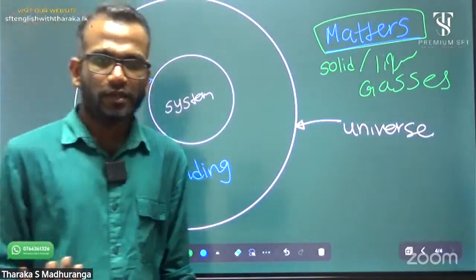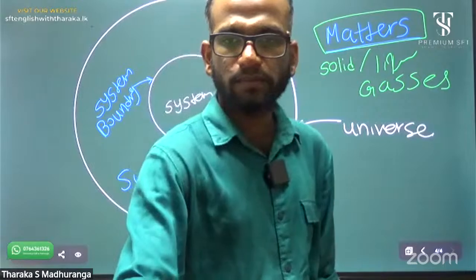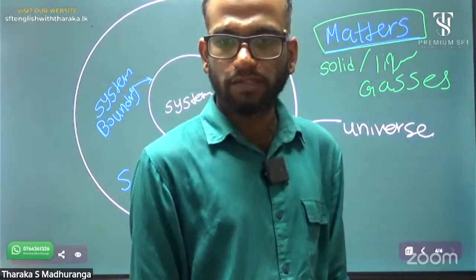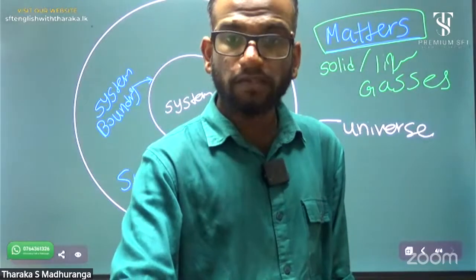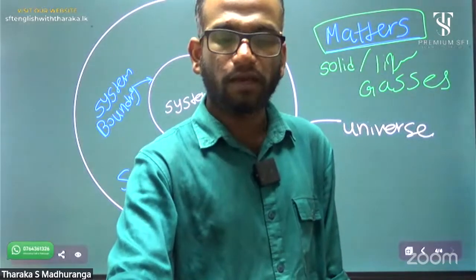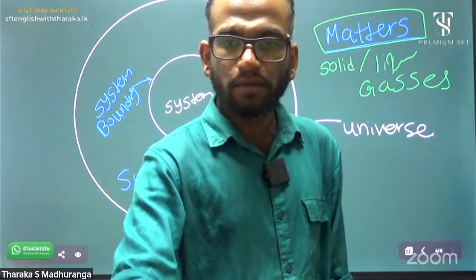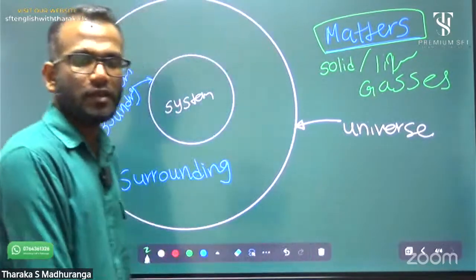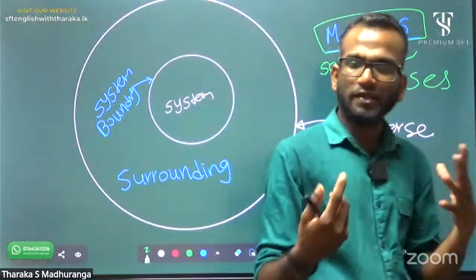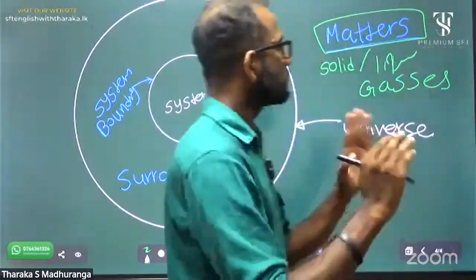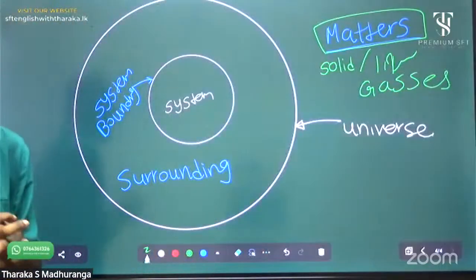Yeah, very good. Matter, as we discussed last lesson, occupies space and has mass. Anything, any substance with mass and taking some space in the surrounding with some volume, right? Okay, good.